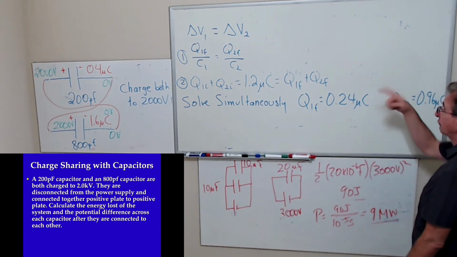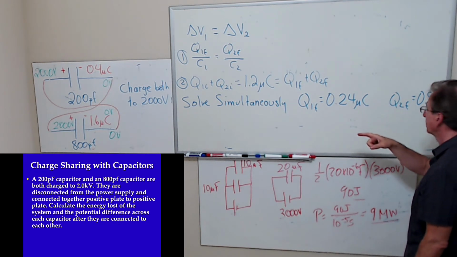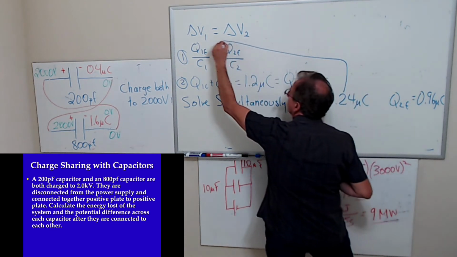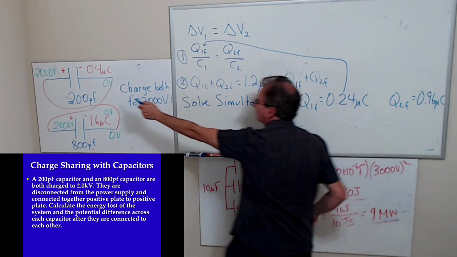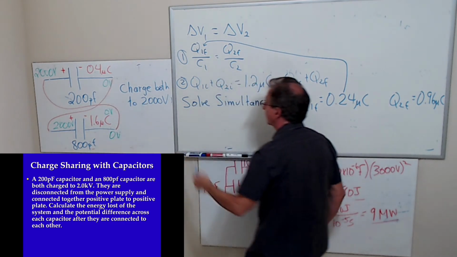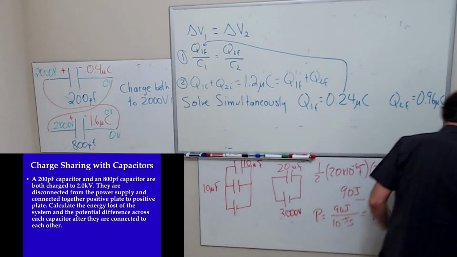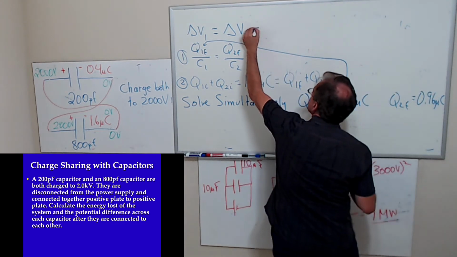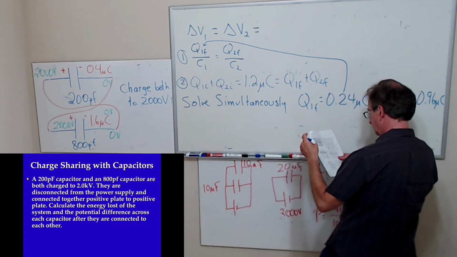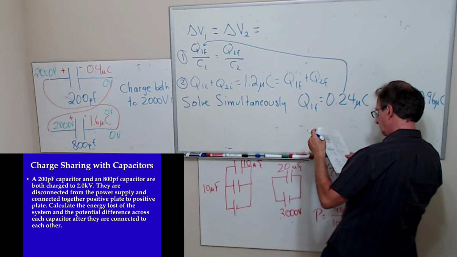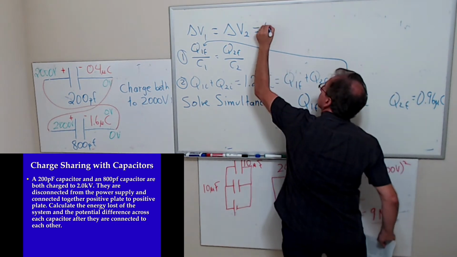Then I can figure out what V final is, right? I can take this and put it here and then divide by the 200 picofarads, and I'll get my final voltage. And if you actually do the math, this ends up being 1200 volts.